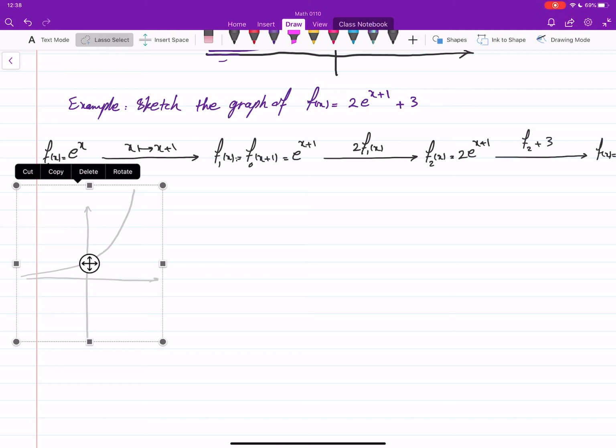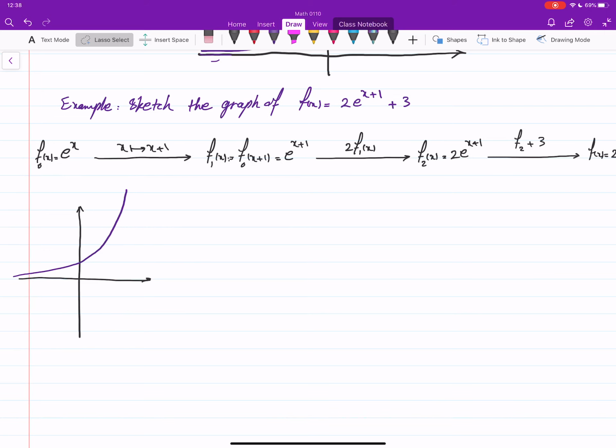This means that we are translating the graph of the function 1 unit horizontally to the left. So this is a horizontal shift 1 unit to the left.